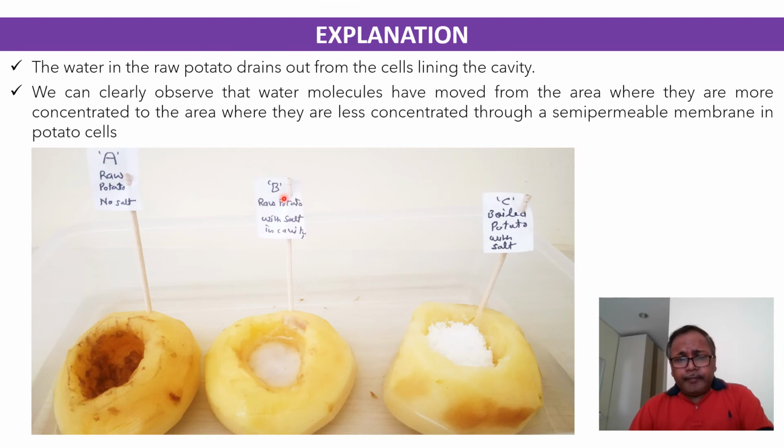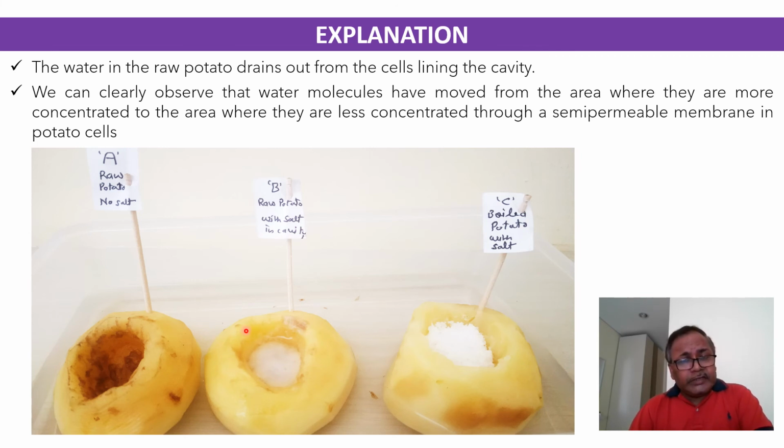In B, raw potato with salt kept in the cavity, we can see clearly the salt is dissolved in water. Why is it so? You can see the cavity representing a hypertonic solution, a solution with a lower water molecule concentration with respect to the cells lining the potato cavity.